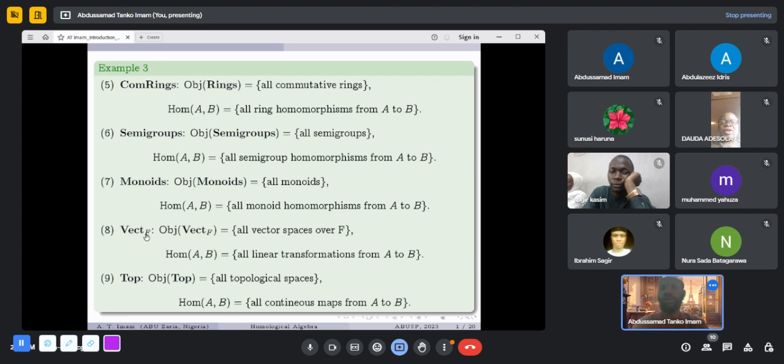And then Vect F, the collection of all vector spaces, is an example of a category with linear transformations as morphisms between vector spaces. If you take all topological spaces, you see even topology is a category. Topological spaces is an example of a category where the structure preserving maps, the morphisms, are continuous mappings between topological spaces.